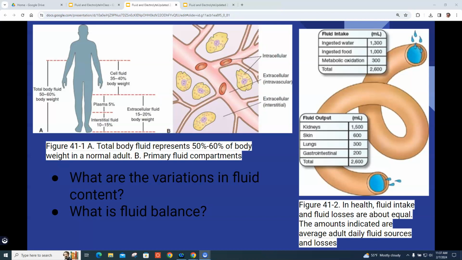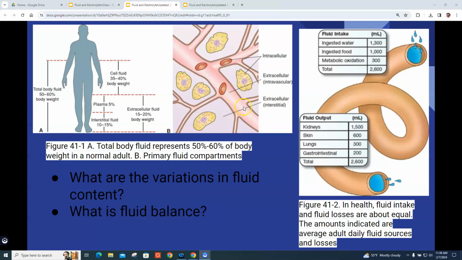In the extracellular fluid, the interstitial fluid is the fluid that surrounds tissue cells. That can include limbs. And then there's the intravascular, which is the liquid component of blood, also known as plasma. So if you see here, extracellular can be here, surrounds tissue, right? Like veins and arteries.